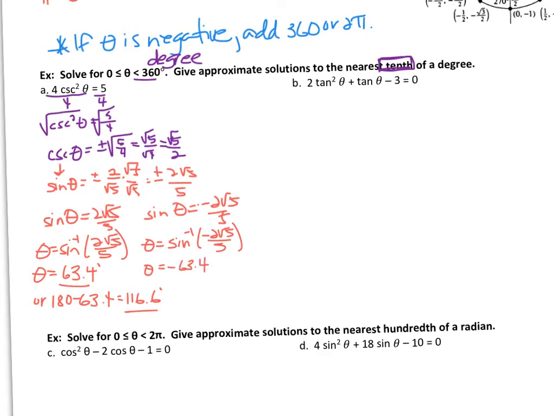Now what we'll do to make that one coterminal is we'll add 360 to it. Negative 63.4 plus 360 would be 296.6. And that's all we do with that. We don't do anything else with that 296.6. We take that negative 63.4 and we apply sine's definition.